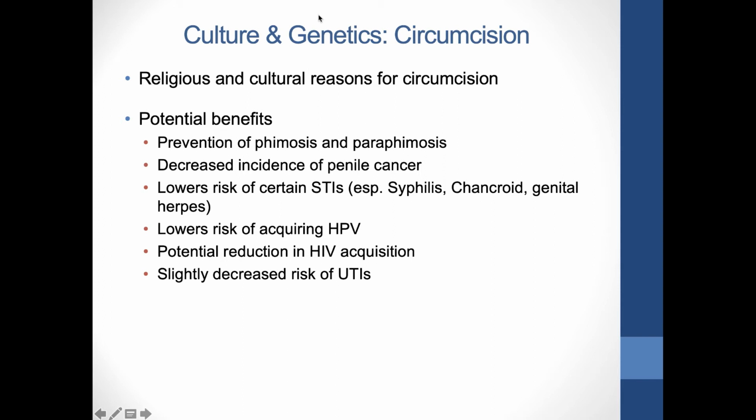There's a lower risk of certain STIs, a lower risk of acquiring HPV, a potential reduction in HIV acquisition, and a slightly decreased risk of urinary tract infections. But the decision ultimately belongs to the parents. There are men later in life that do choose to get circumcised, but it's generally something that is done shortly after birth.